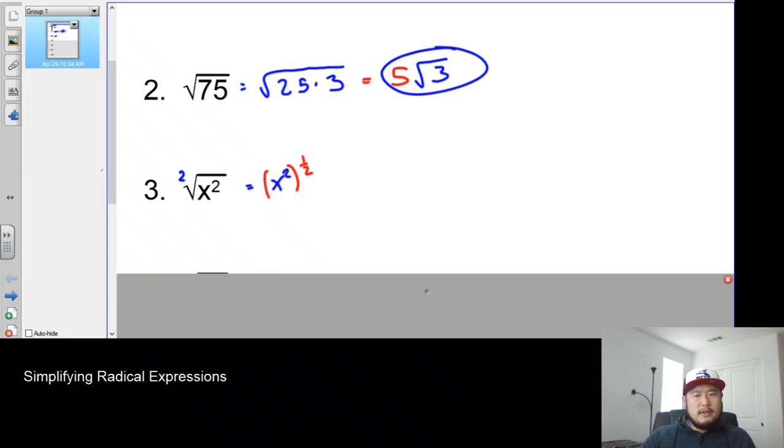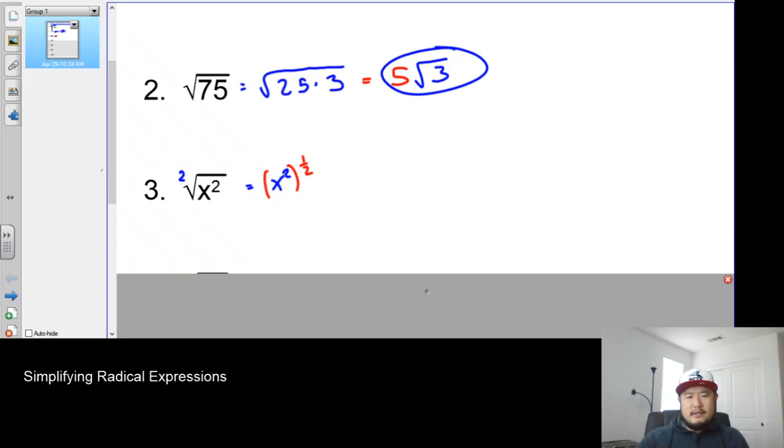So you're saying, where does the 1/2 come from? It comes from our radical and what the root is, and then we put it over 1, because essentially we would take this and put it over 1 to the first power. So if you remember, when you raise a power to a power, one of those multiplying rules for exponents, you multiply the powers.